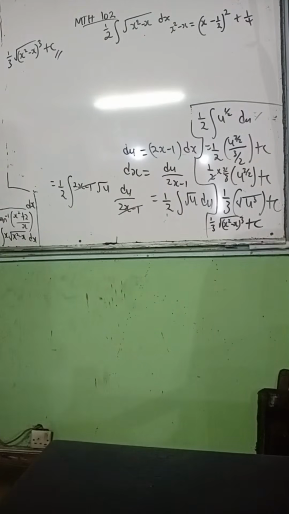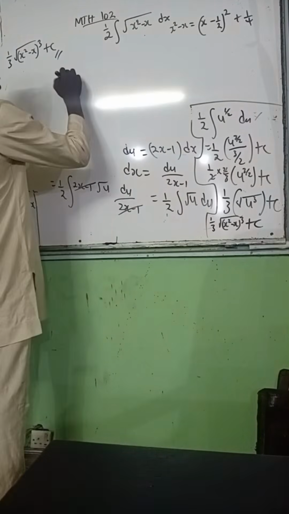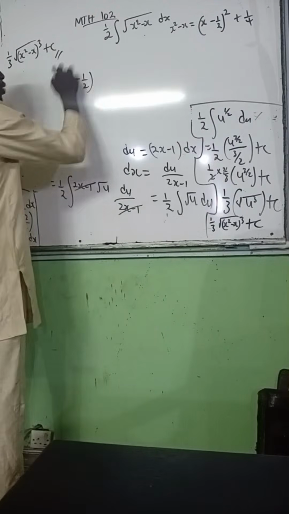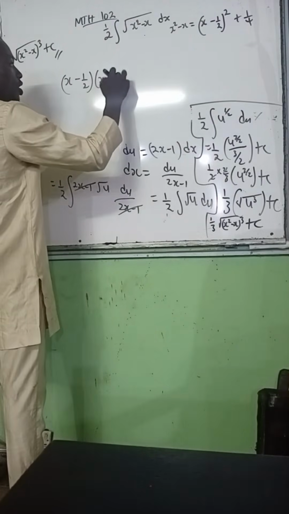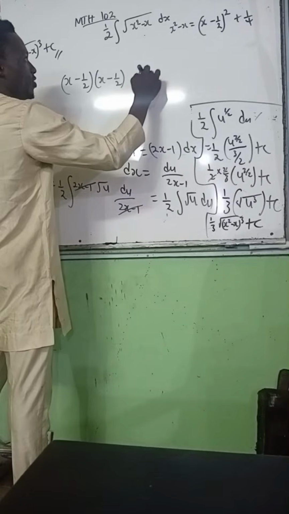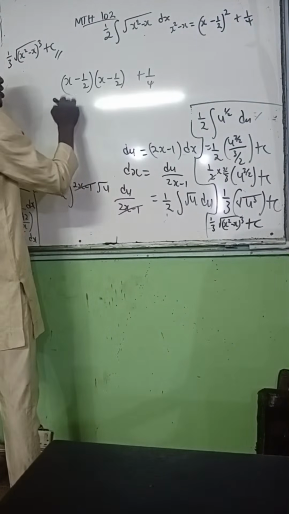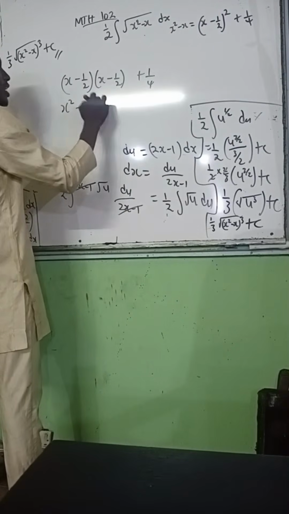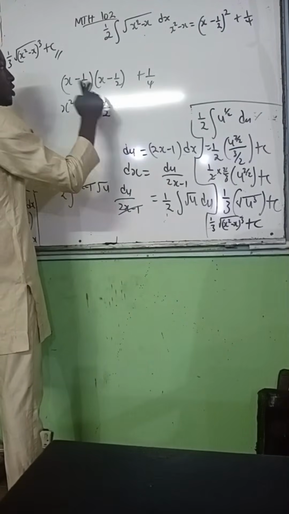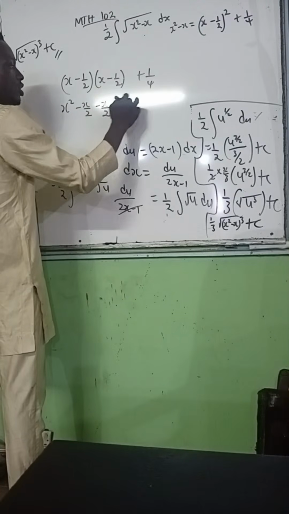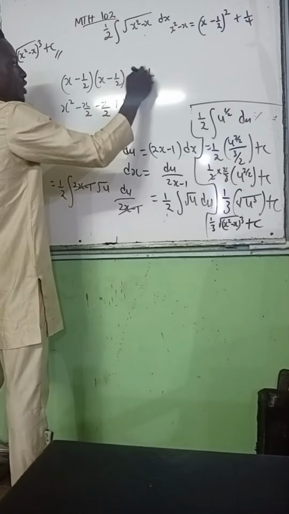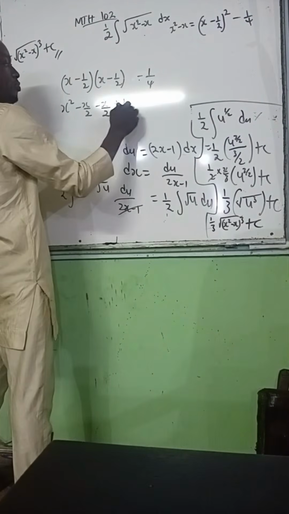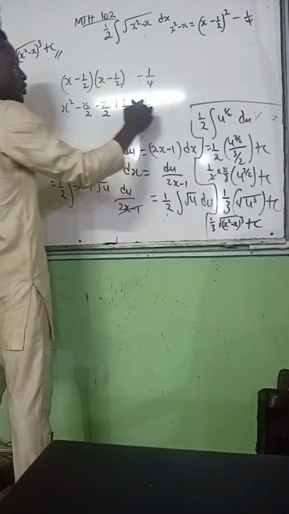Let's confirm. x minus 1/2 all squared plus 1/4. x times x, x times minus this, this times x, this times this. This should be minus 1/4, so we cancel.